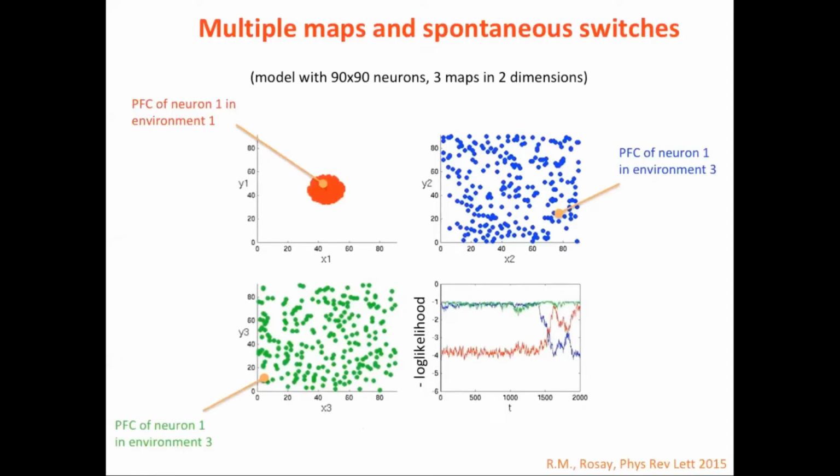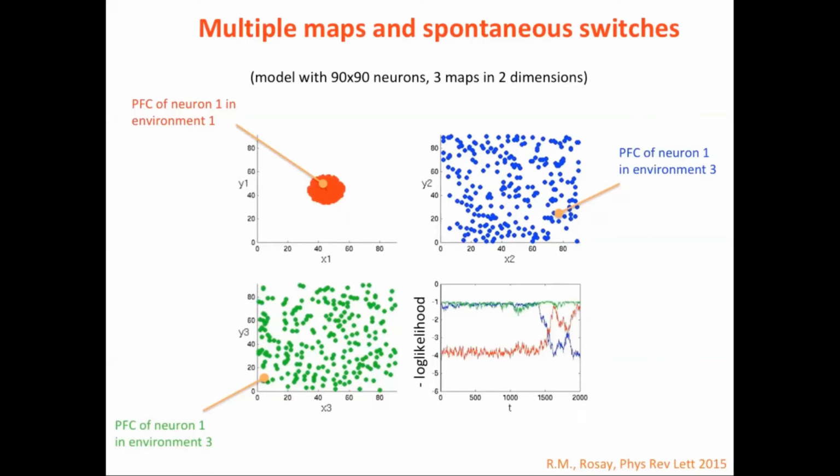Then I simulate the dynamics with the updating rule I have shown before, with a Monte Carlo simulation. So at any time, I will have an 8,100-dimensional vector of activity with components that are all 0s and 1s.